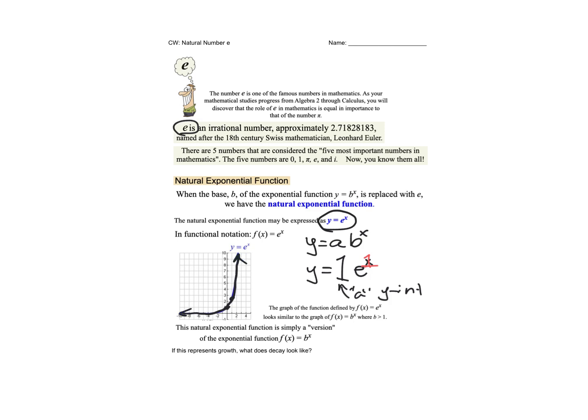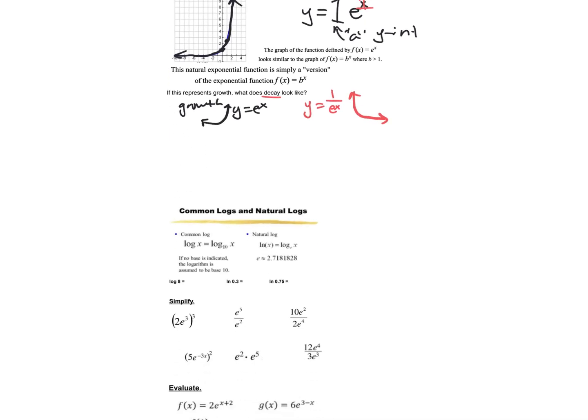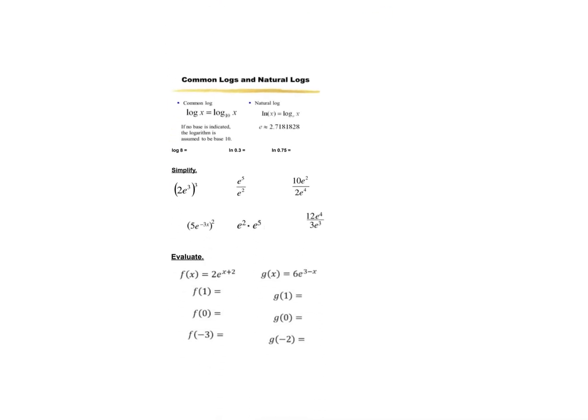Okay, if this graph represents a growth going this direction, and again that's y equals e to the x power, then a decay is going to be the opposite, or y equals 1 over e to the x power, and that's just going to look like it's going down like that.